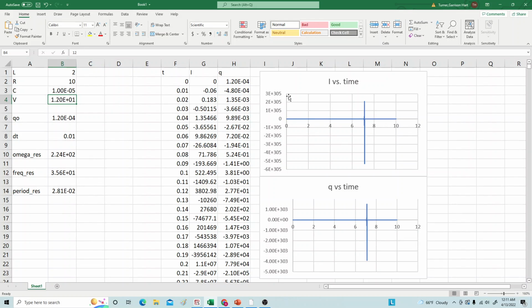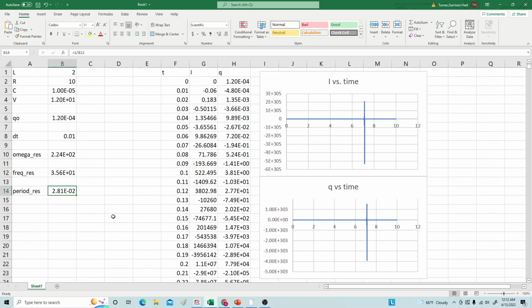And now you can see that my axes have blown up, right? What's going on now is that my time interval is not smaller than my resonant period.